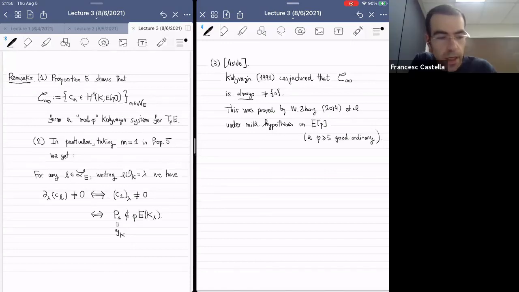Yeah, so for example, an analogous situation that has been quite studied is the setting of Kato's Euler system. Whenever one has an Euler system, one can apply this derivative construction of Kolyvagin to produce a Kolyvagin system.